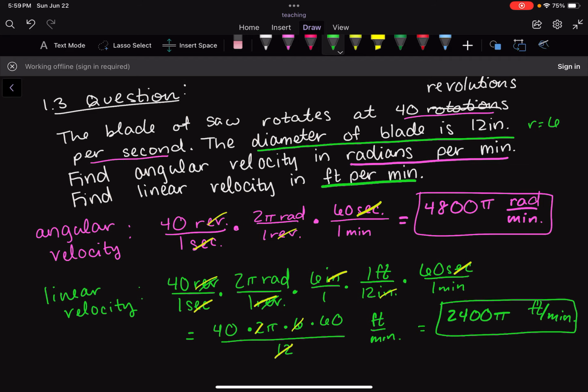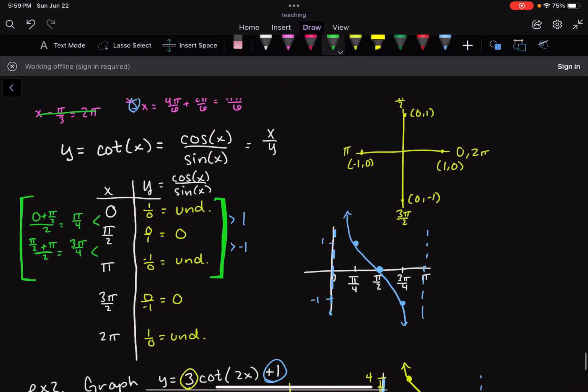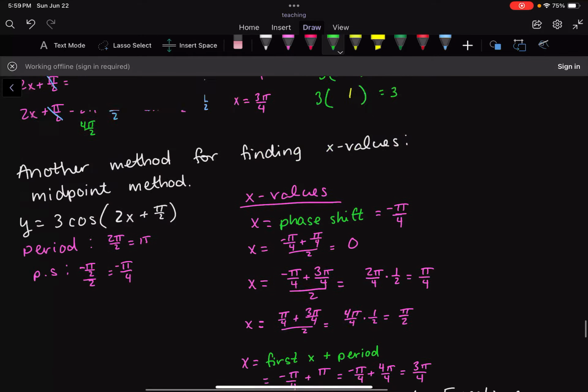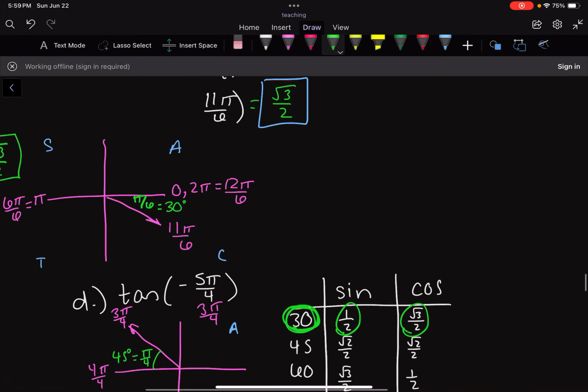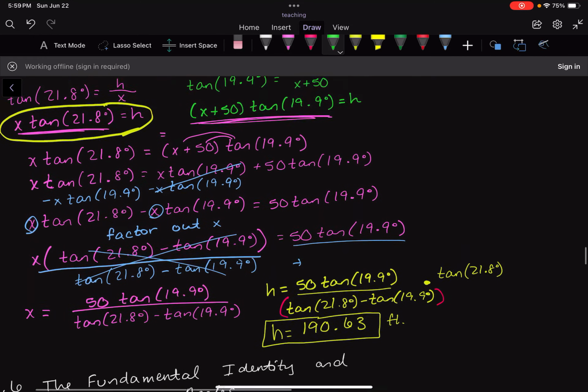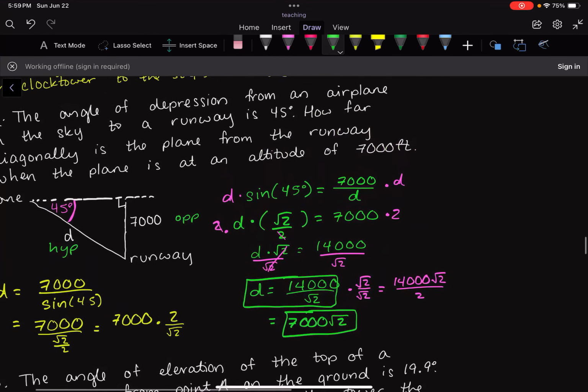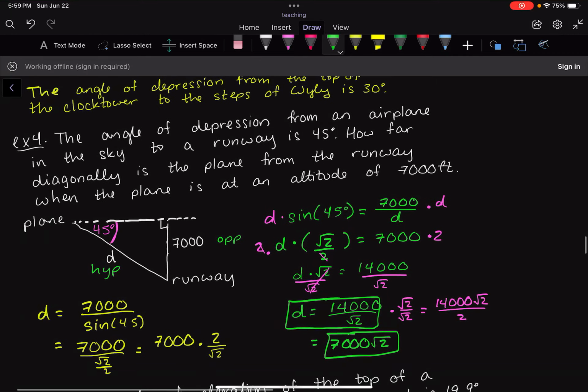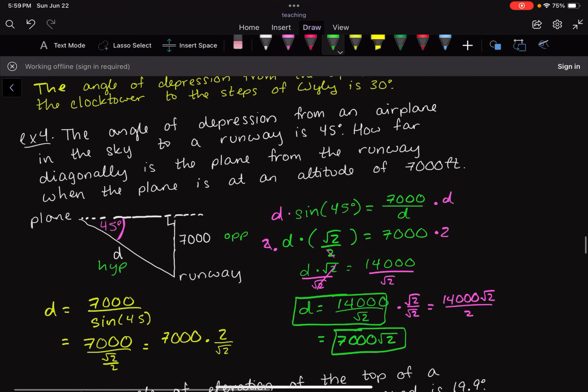And then one more thing I wanted to mention that I forgot to, in 1.5. A lot of times people will give me those answers, like for instance example 4, in decimals. I don't want that answer in decimals.